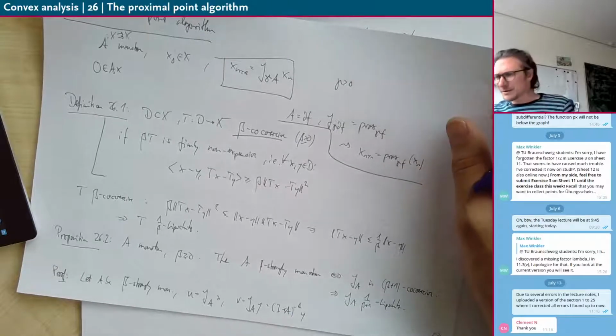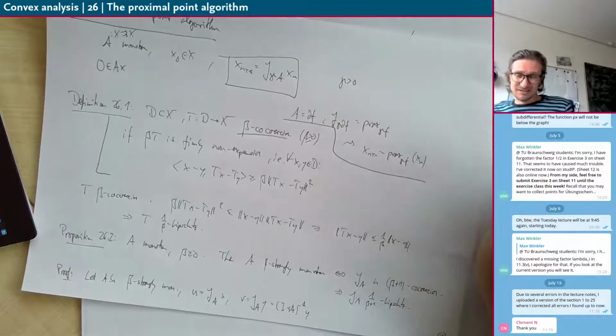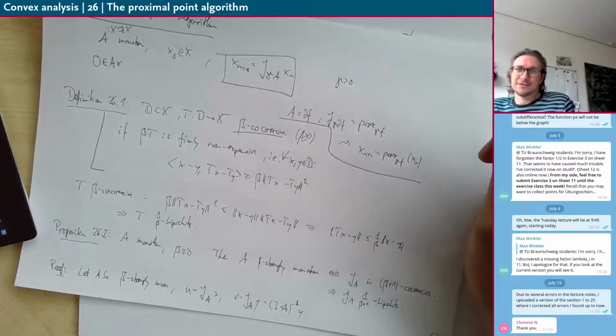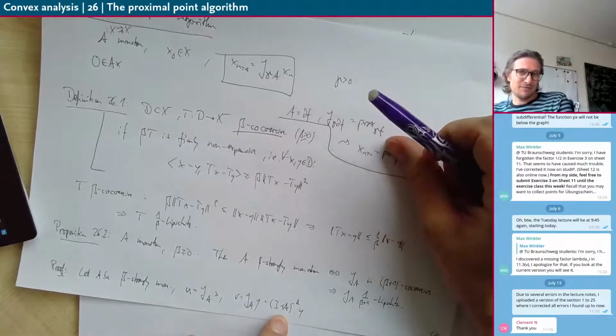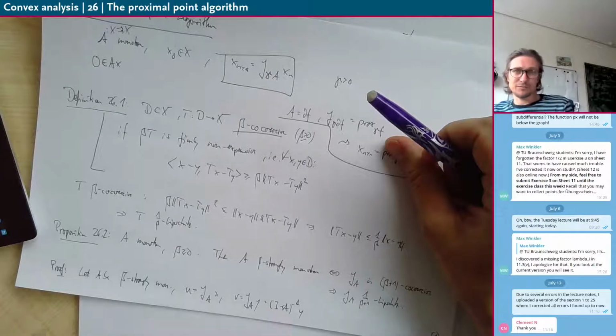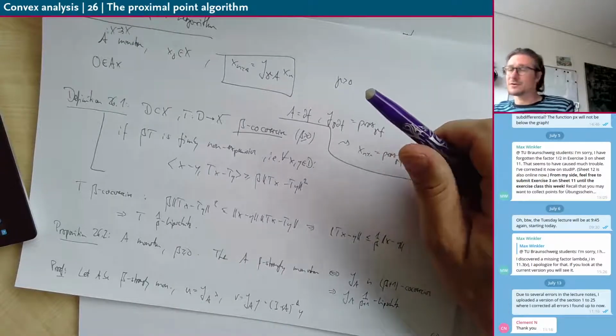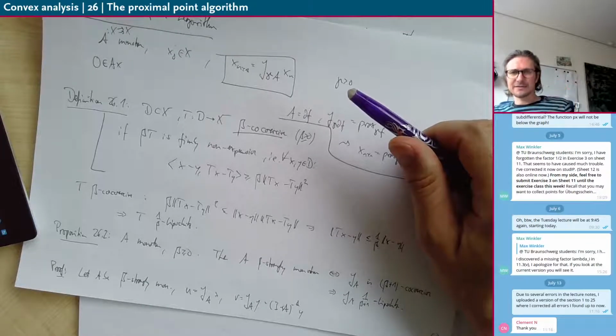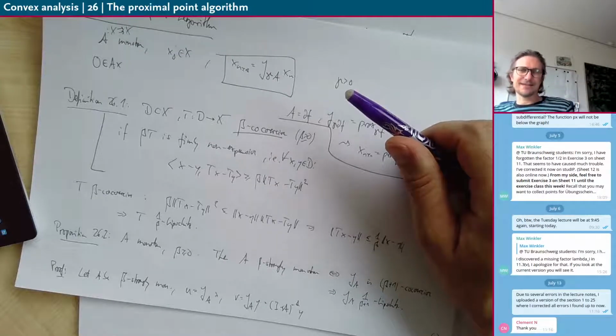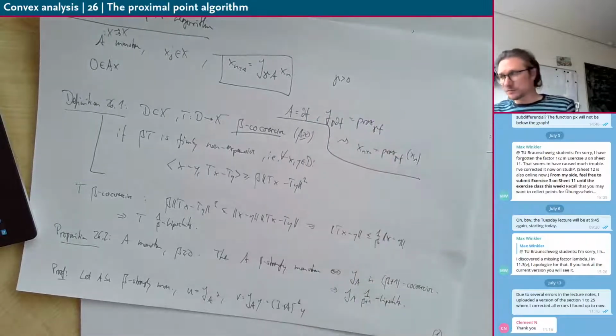So it doesn't really sound like this is actually an algorithm. Why should this work? If you could invert this, then you maybe even could invert A, and then that would be the solution. In theory, the solution of 0 in Ax is just take every x which is in A to the minus 1 of 0.